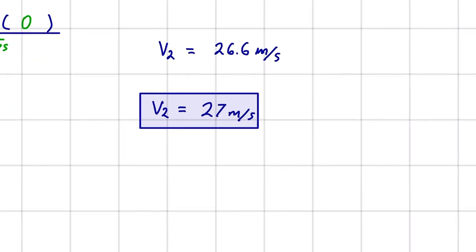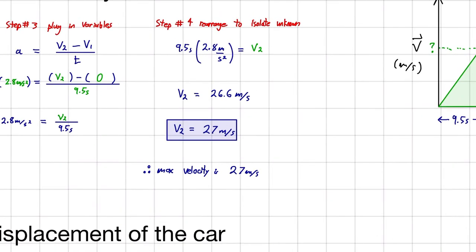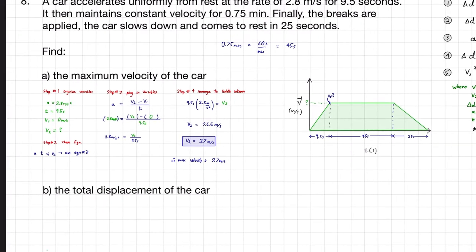We can write a little statement to close this off. We're going to say, therefore the max velocity is 27 meters per second. And that is part A.